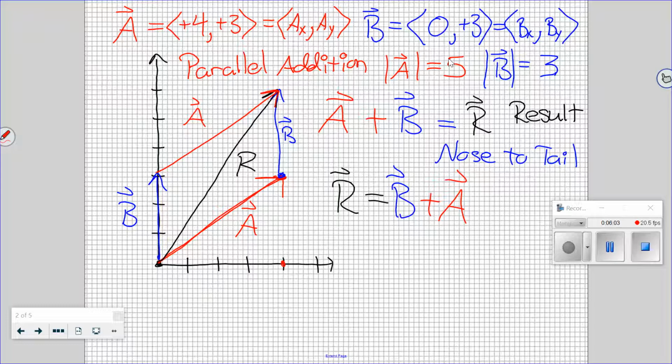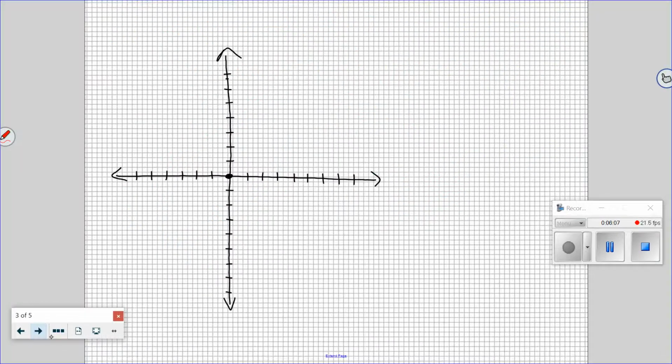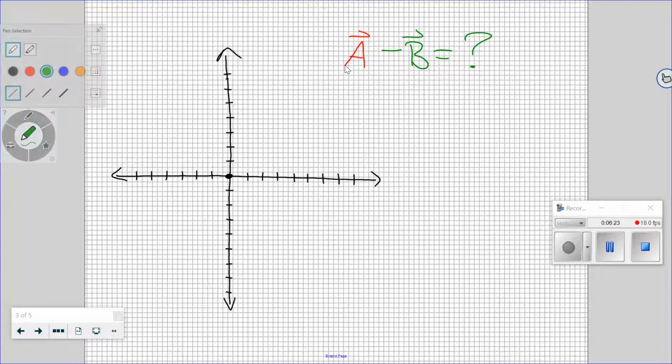Okay. Buckle up. What would we get if we did a minus b? Now I deliberately made vector b a different color, vector minus b.